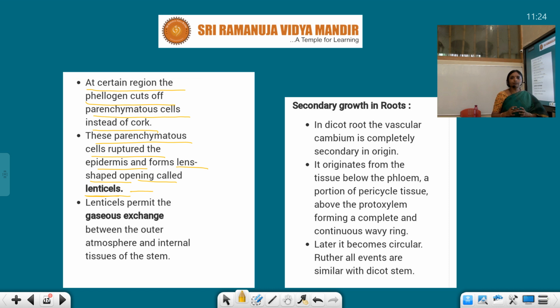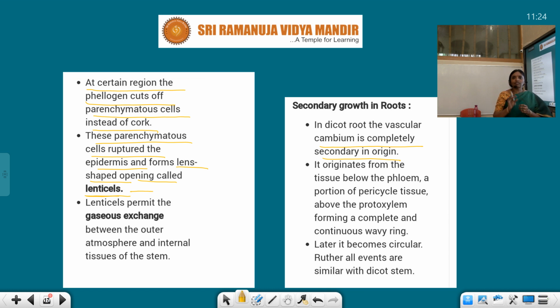In the dicot stem, cambium is present, but the dicot root does not have cambium. So how does secondary growth take place? In the dicot root, the vascular cambium is completely secondary in origin, because from the beginning cambium is not there in roots.